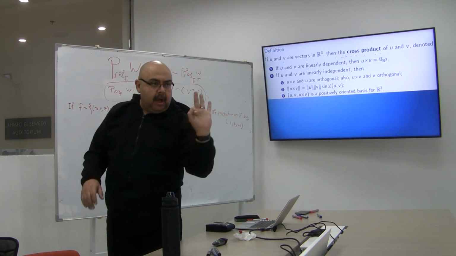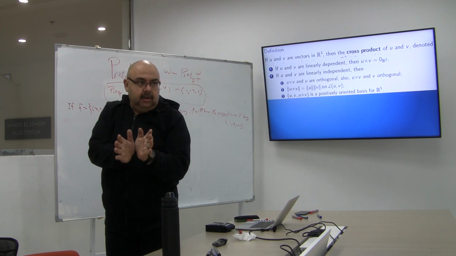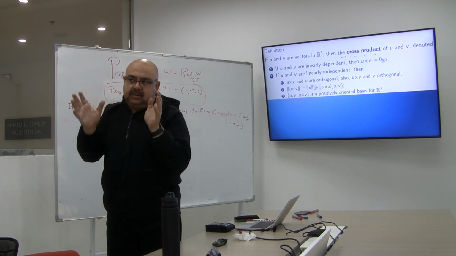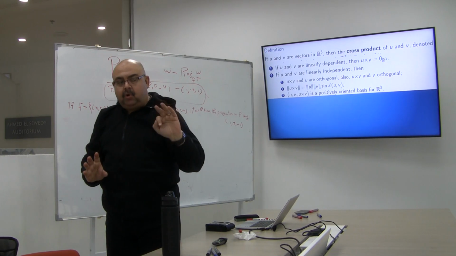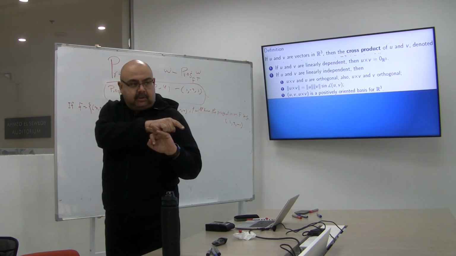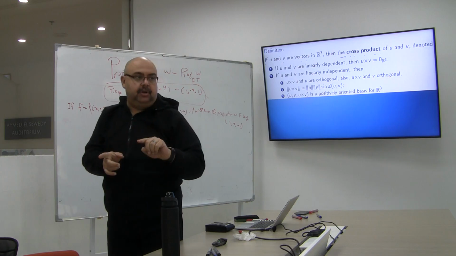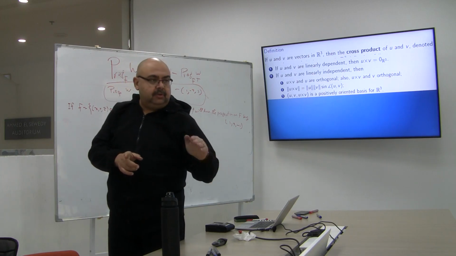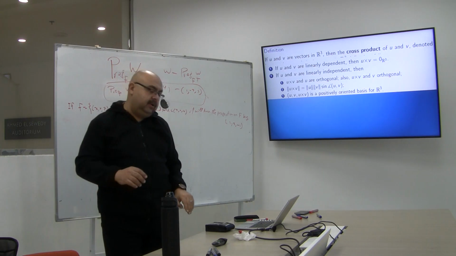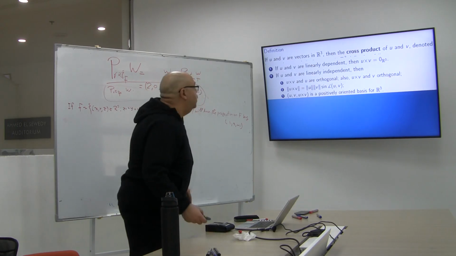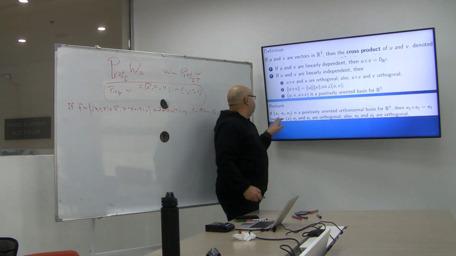And it's going to be a basis for R3. And also, you can use this basis for R3 to get the coordinates of the vector. And by knowing this, you can get the projection of the vector on the subvector space and on the orthogonal component. Okay, it's really helpful.